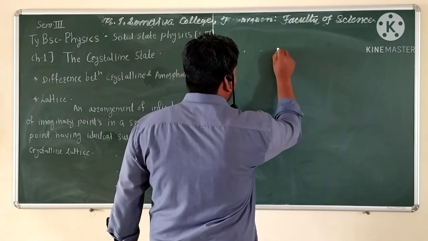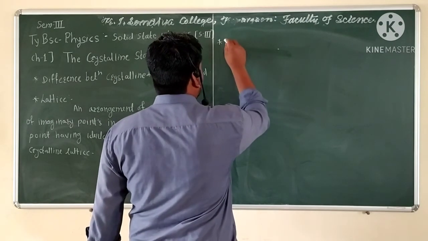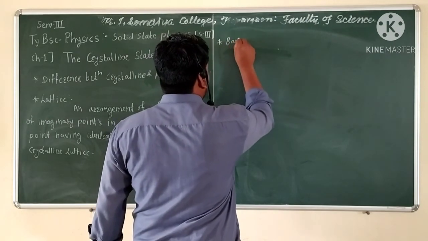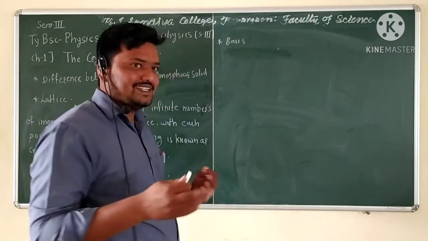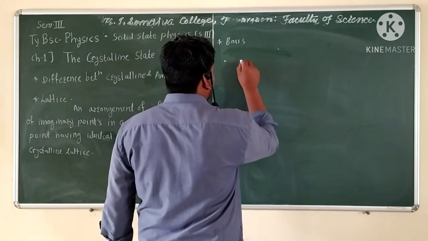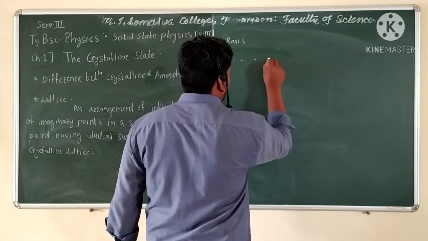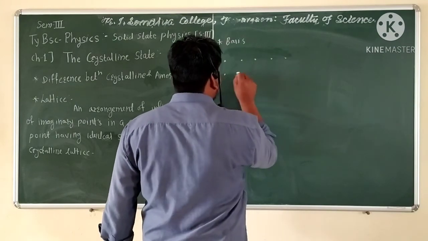The next point is what is meant by the basis, and how the crystal lattice is separated from the basis point. The basis point is given as the point separation or regular arrangement of the points like this way.